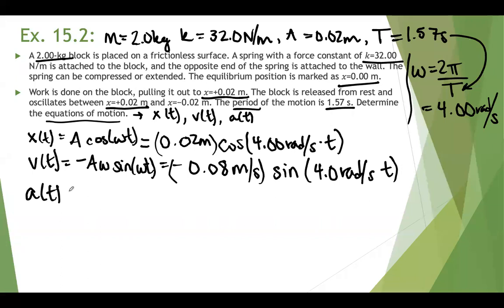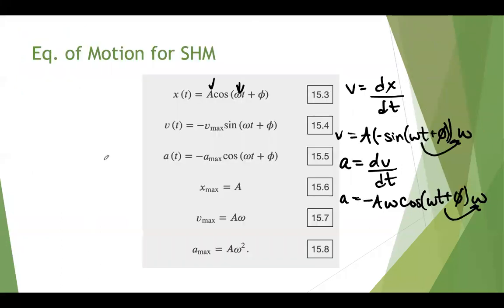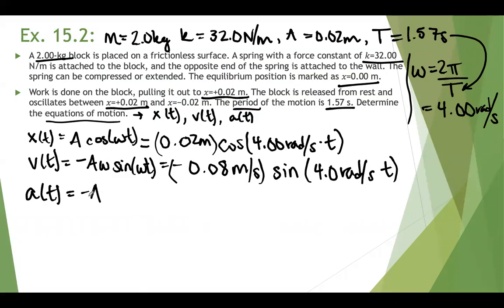And then last of all, we have our acceleration, which is going to be negative A omega squared cosine of omega t. So again, I'm going to do this in my calculator real quick. So I have my amplitude times my omega, which is 4 squared.